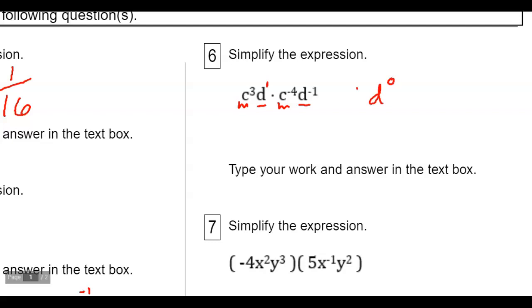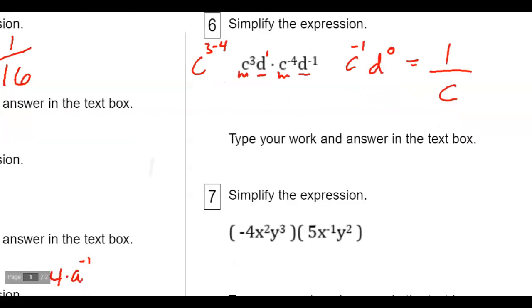My c's add to negative 1 because I have c to the 3 minus 4, or 3 plus a negative 4, depending on how you want to look at it. So now that becomes a 1 because anything to the 0 power is 1. And then you move your c to the bottom. And again, it is not c to the first. That's not simple enough. You can go simpler. 1 over c.